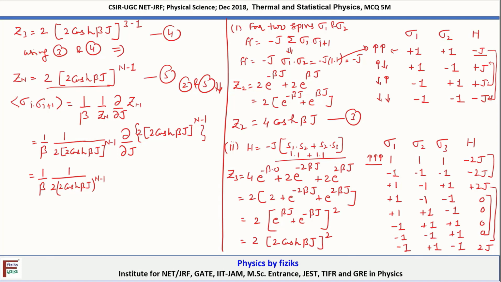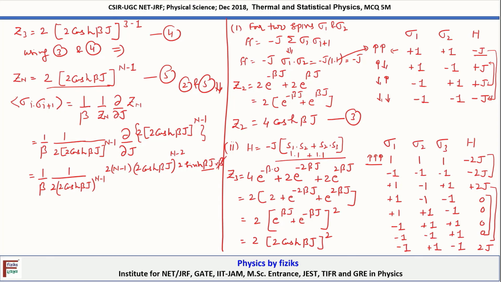The 2 as it is, 2 multiplied by n minus 1 and then (2 cosh beta J) to the power n minus 2, and then the differential of 2 cosh beta J, which will be 2 sinh beta J, and then again its differential with respect to J, which will give a multiplication by beta.